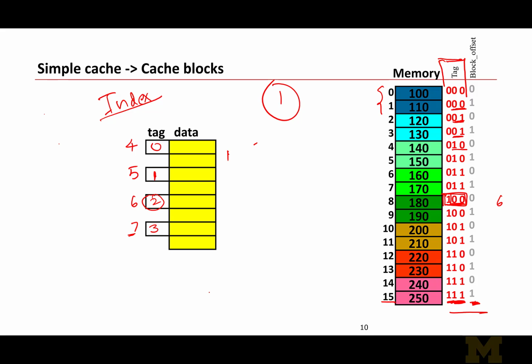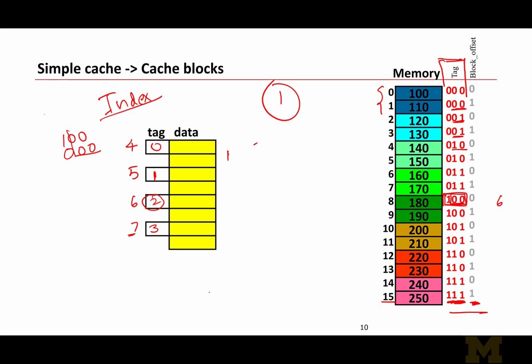So 4 is going to be 100, this is going to be 00, so you'll notice that the last 2 bits are always zeros. Well, that's not a coincidence, right? Because we intentionally used the last 2 bits in the tag as an index. So it's always going to be that. So the index does not have to be stored explicitly as part of the tag.